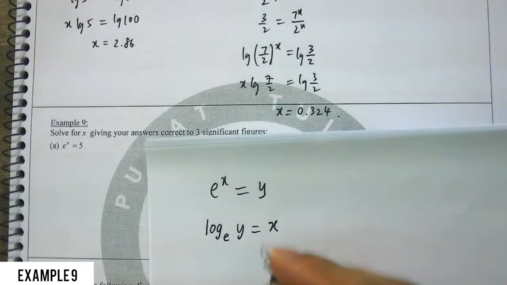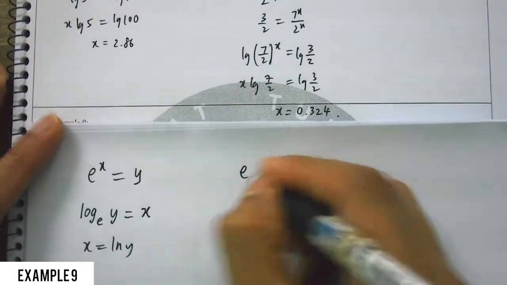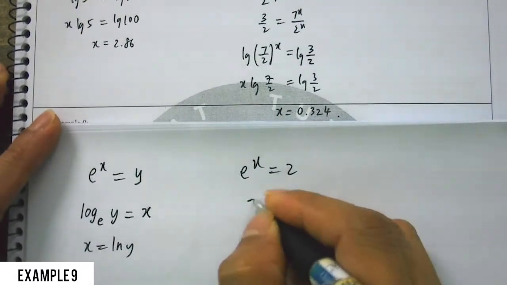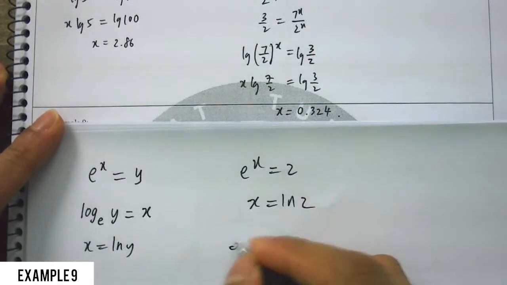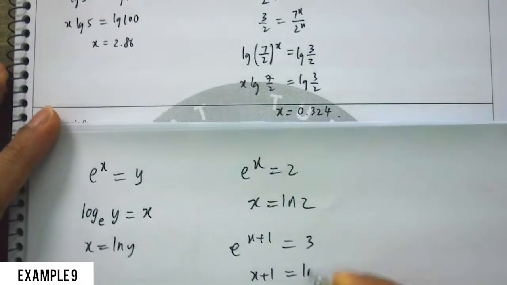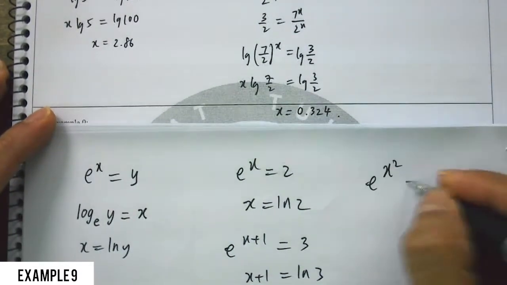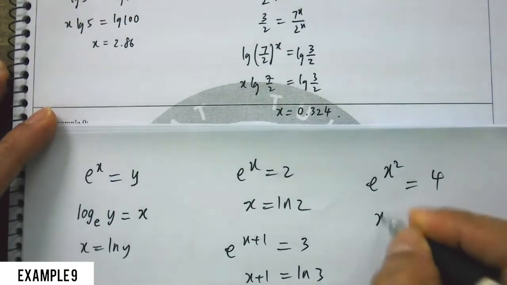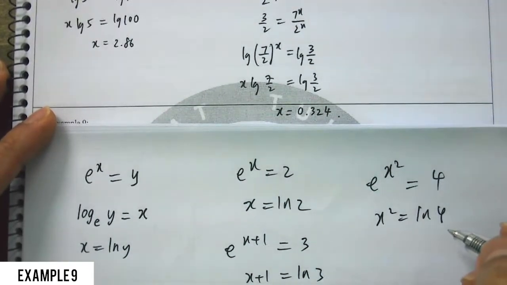So basically, x is ln y. I show you again. If e power x is 2, x is ln 2. If e power x plus 1 is 3, x plus 1 is ln 3. If e power x squared is 4, x squared is ln 4. Can you do it directly? Yeah, this is one way.